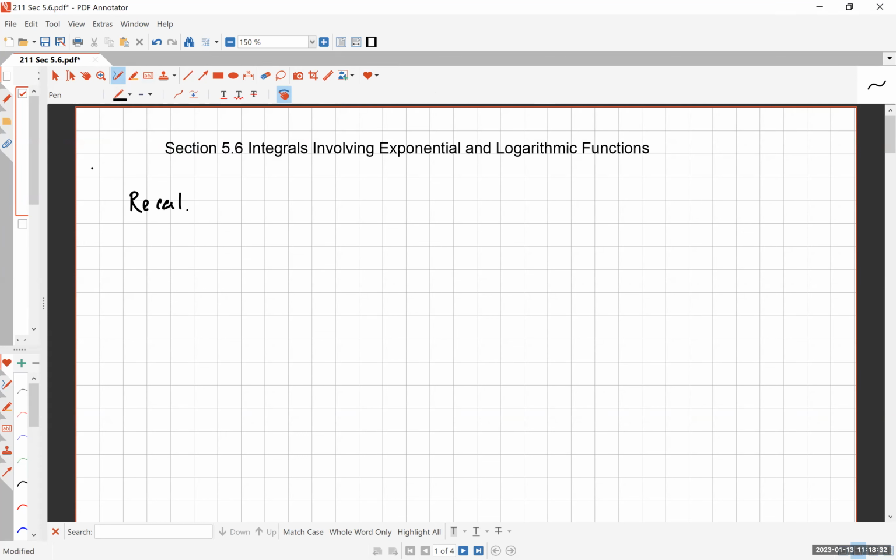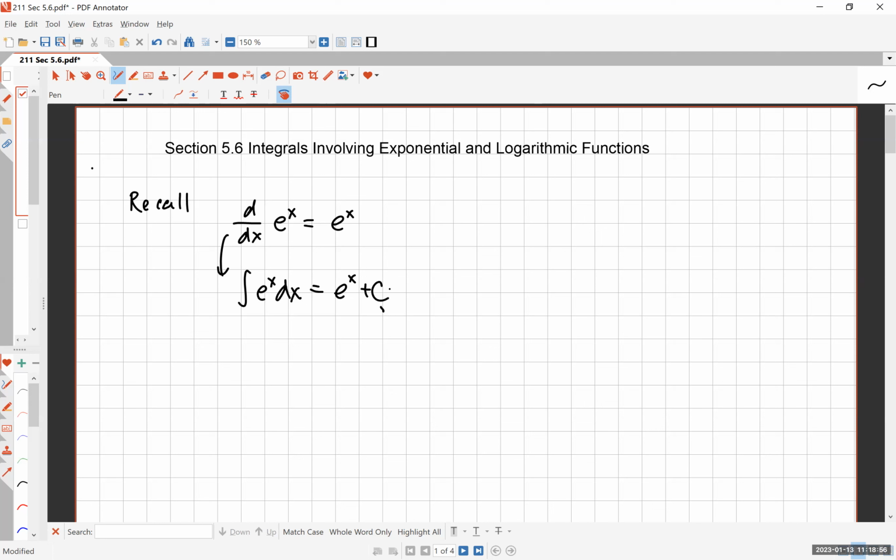Okay, so let's recall one of our most important derivative formulas, d/dx of e^x. This is something that you will never ever forget. The derivative of e to the x is e to the x, right? You have never forgotten that. So the integral of e to the x dx is simply e to the x plus c.